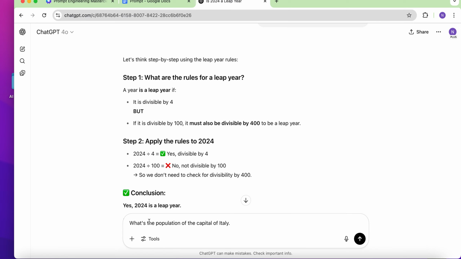Think step by step through thought, action, observation, and then the final answer.